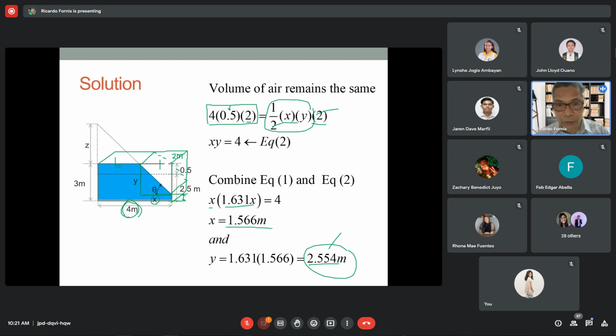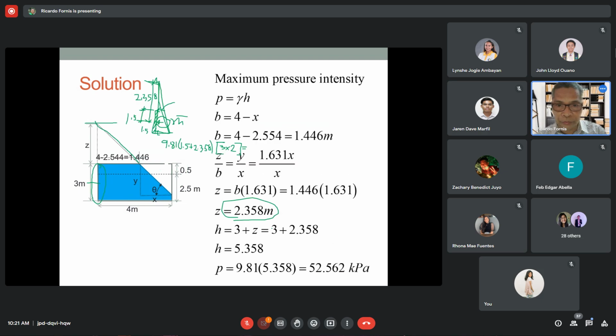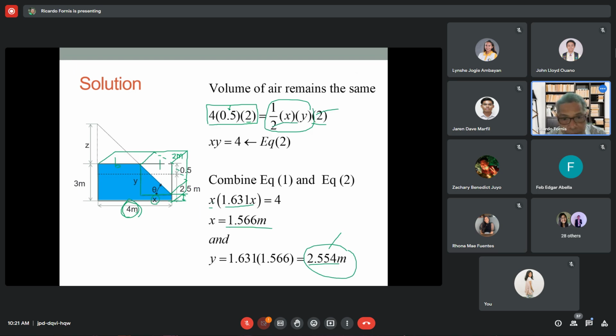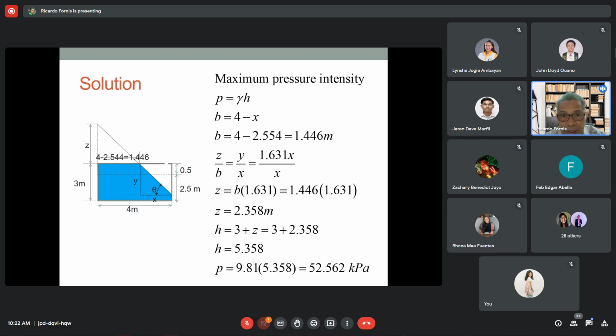Okay, so we have to correct that one. Thank you for that clarification. The value of B should be 4 minus 1.566, but what was used here is 2.554.